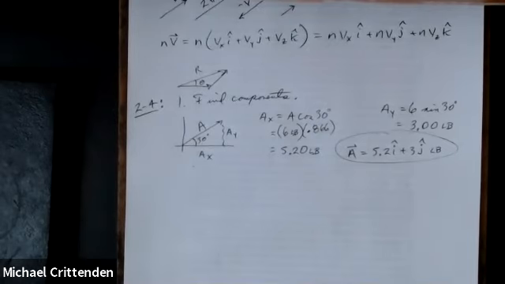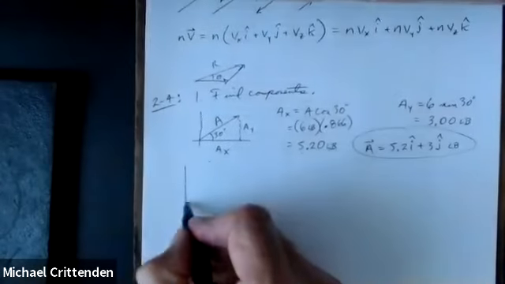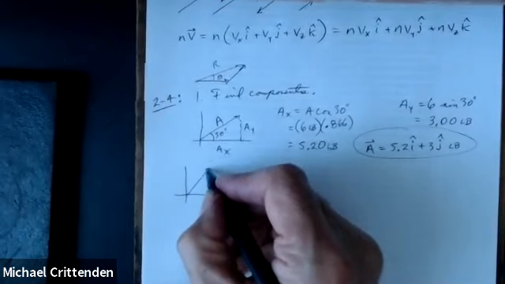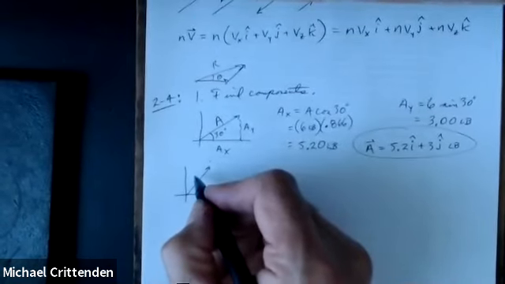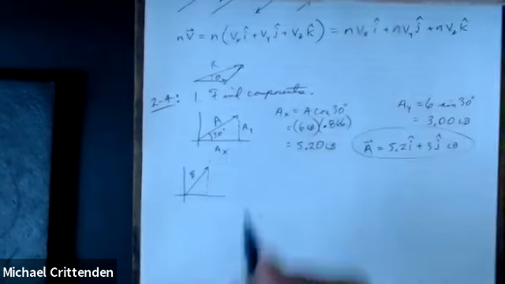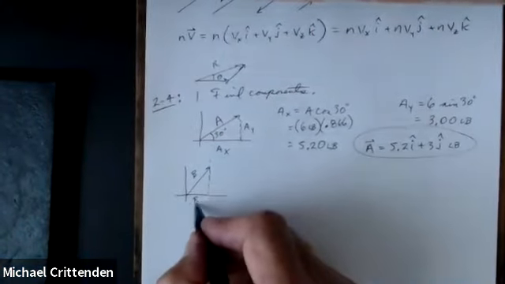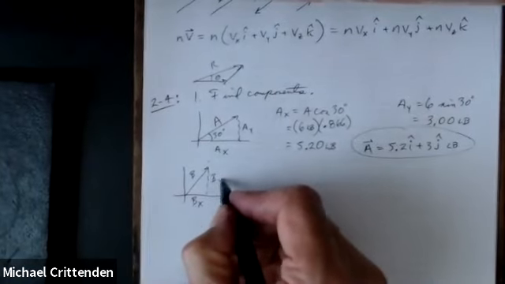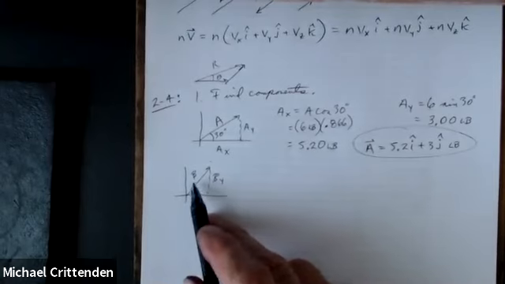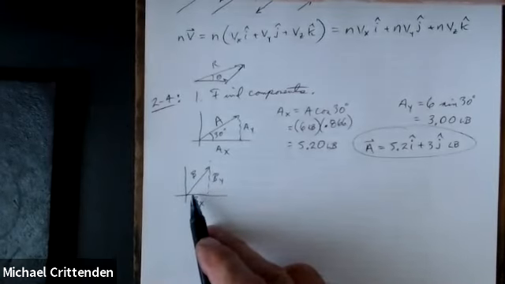Next vector, do the same thing again. We have vector B. Where this is 4 pounds and this is 60 degrees.